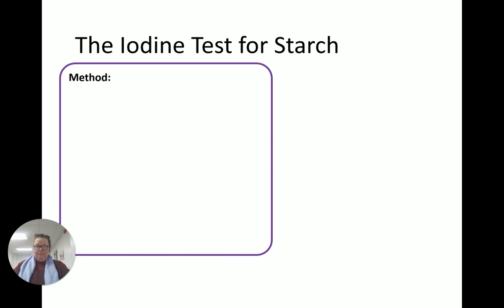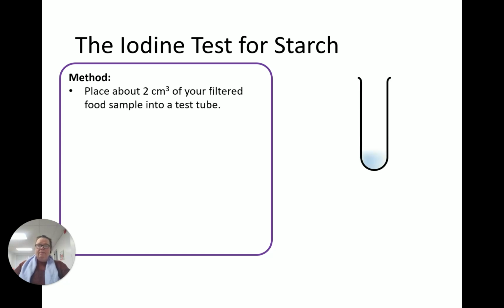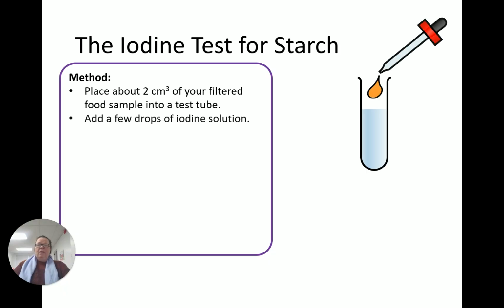Right, so using iodine test for starch. So iodine is a reagent, okay, so that's our chemical we're using. And we're going to put about 2 centimetres cubed of this sample that we've just made into a test tube. All right.